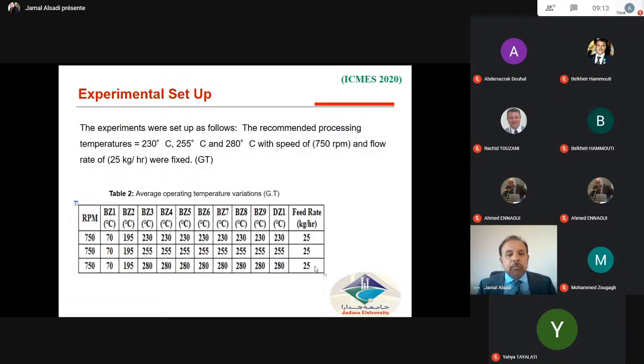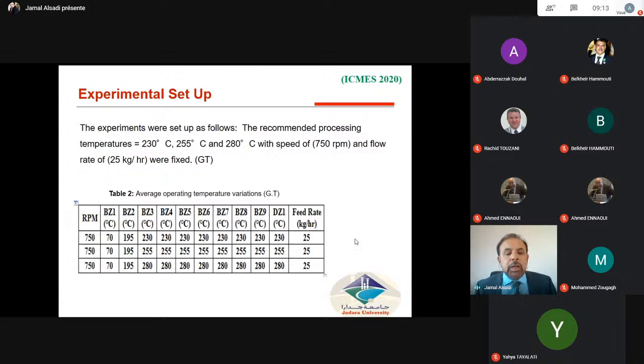So I fixed the feed rate and keep changing the temperature to 30, to 55, to 80, then get the result. Again, for example, I changed the RPM to 700, 750, 800, and fixed the feed rate and changed temperature, or fixed temperature and feed rate and changed the other, etc.